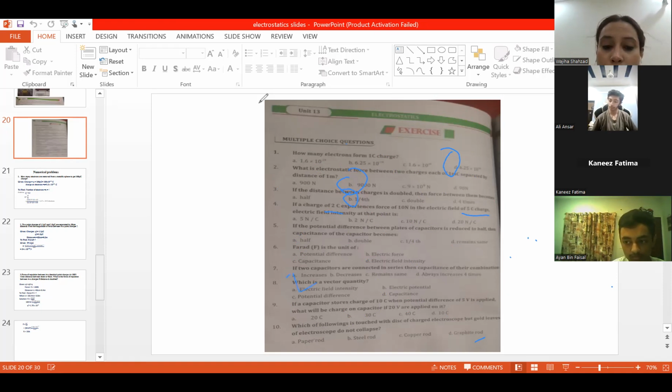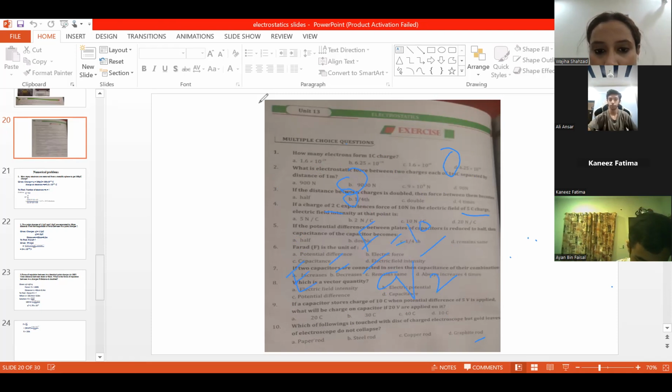The formula for electric field intensity is E equals F by Q, right? So as we have to find out the value of electric field intensity, what will we do? We will put the values in this equation. So the value for force is 10 Newton, and for charge is 2 coulomb. Okay, we will use the charge 2 coulomb because this is the charge that experiences the force of 10 Newton. We cannot use the charge of 5 coulomb, as that is the charge producing the electric field, right?